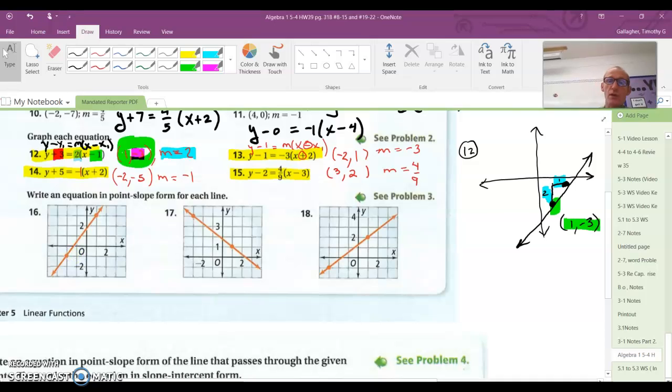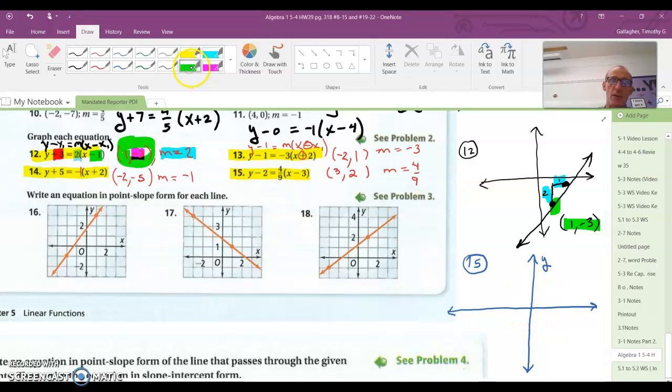All right, so let's go ahead and do 15. This is the y-axis. This is the x-axis. Okay? So I'm going to go over 3.